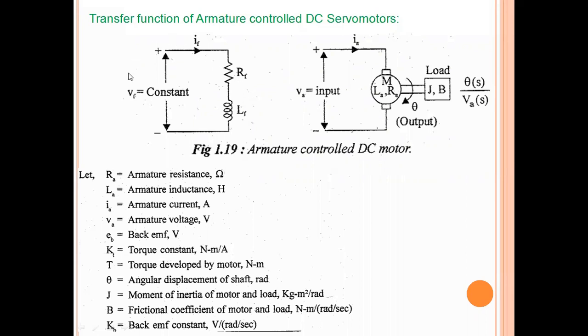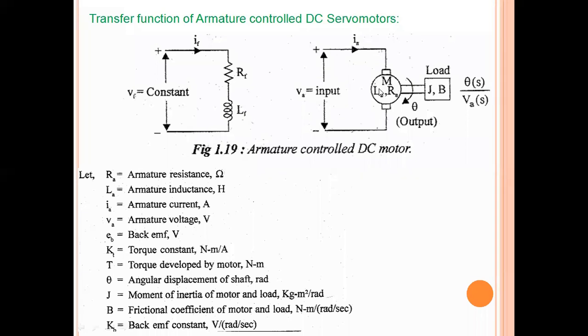Okay, now you can see this is the equivalent circuit diagram representation of a DC motor, probably a shunt or separately excited DC motor. Okay, so now you have to recall your machines one subject here. So this is the equivalent circuit diagram representation of the field circuit, and this is the armature circuit.